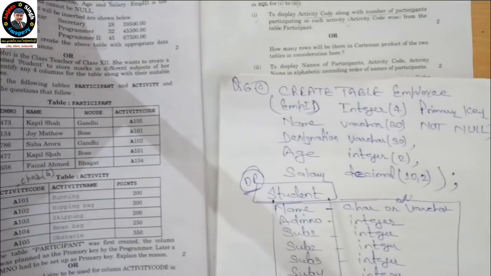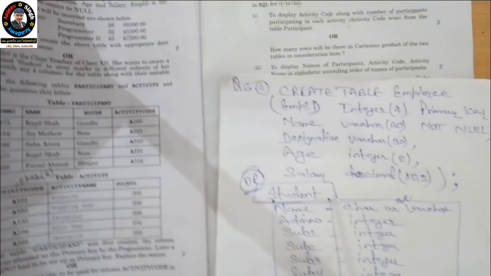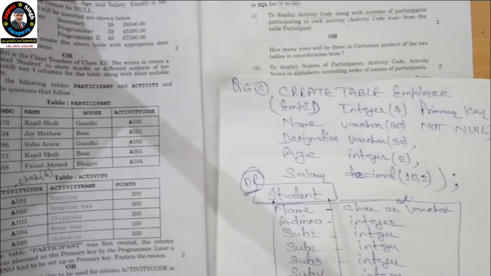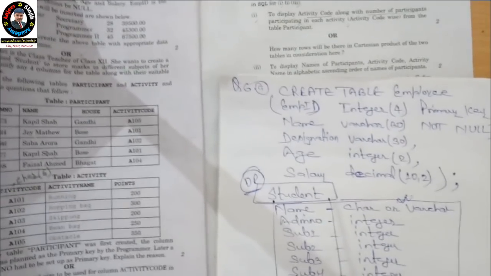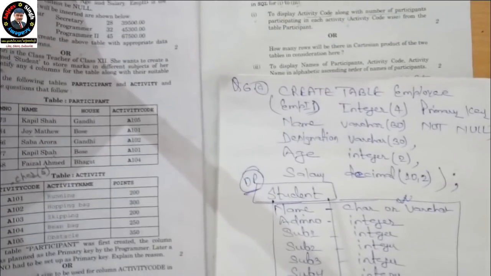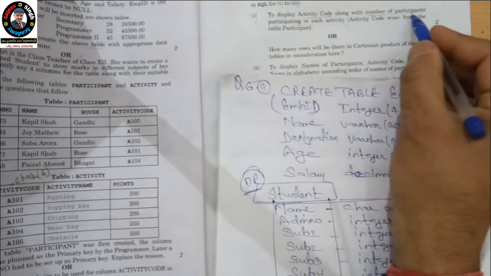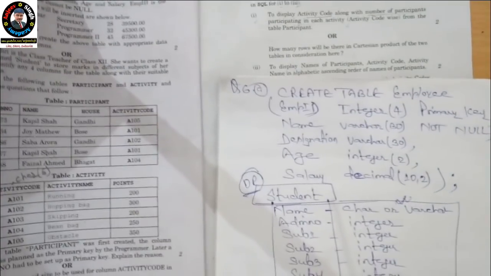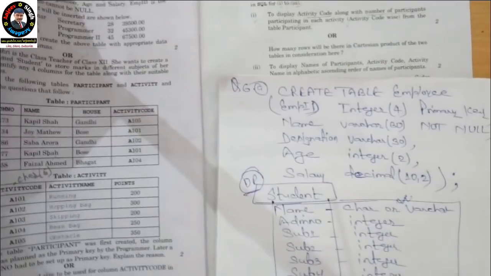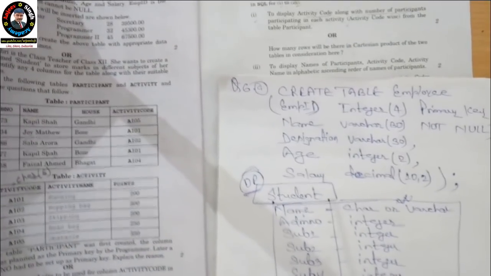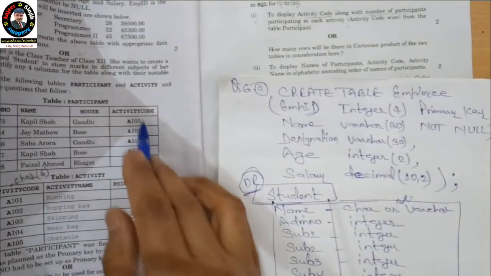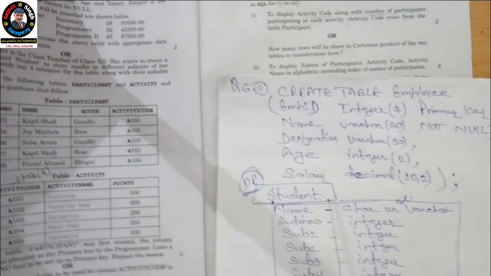This is the answer of question C. First, write select activity code, comma, because you have to count the number of participants, you write count star from participants. But you have to group the records on the basis of their activity.